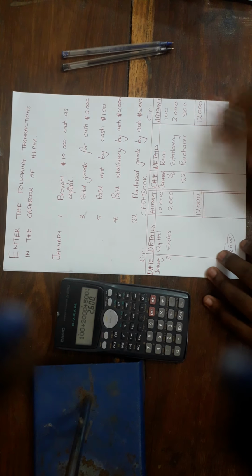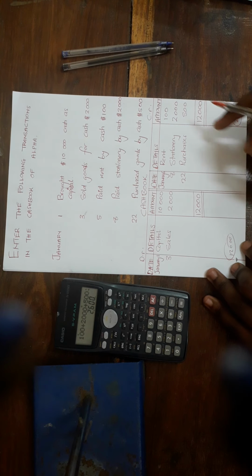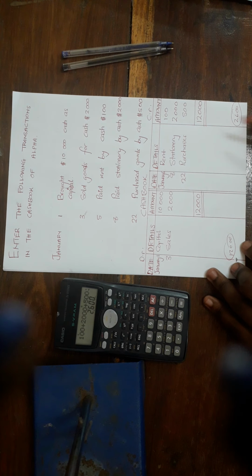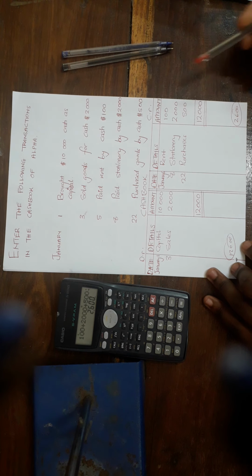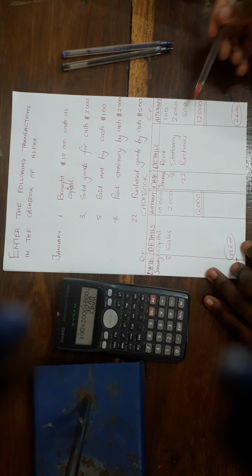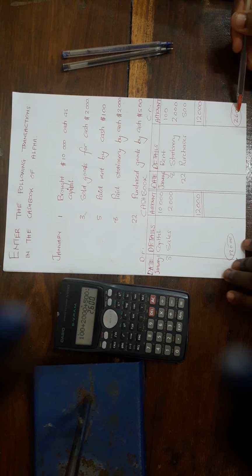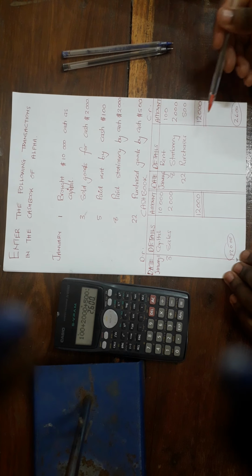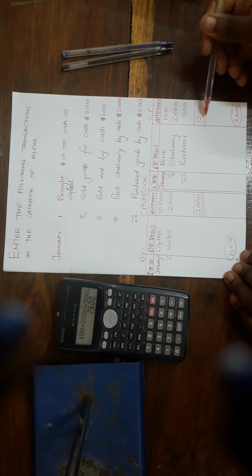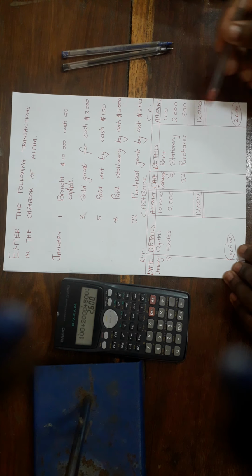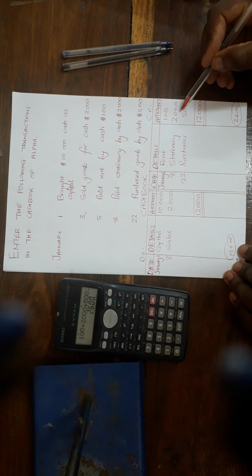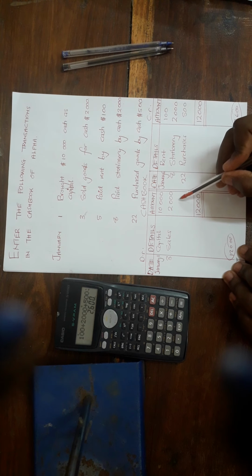After doing this, the next step is to find the balancing figure on the smaller side. Remember the total on the credit side is 2,600.